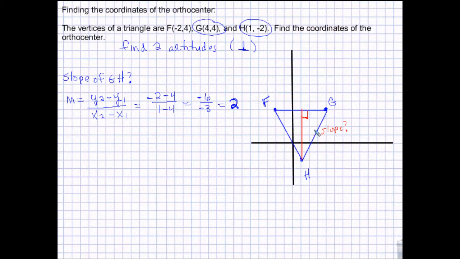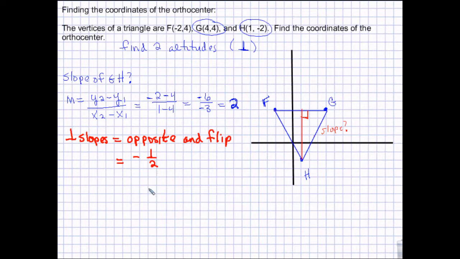Do you guys remember perpendicular slopes? Okay, so we have to flip it over and take the opposite sign. So it's going to be negative because this one's positive, and then if I flip a 2 over, it's a 1/2.